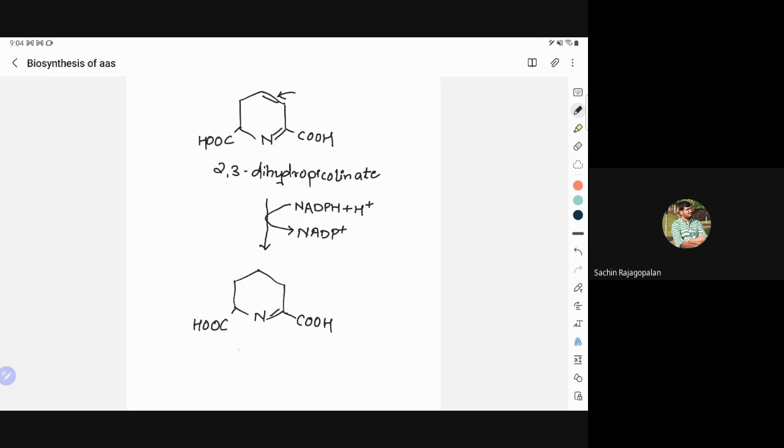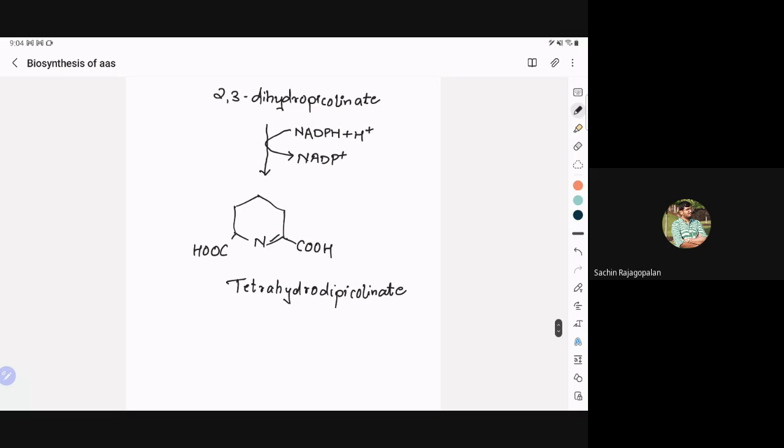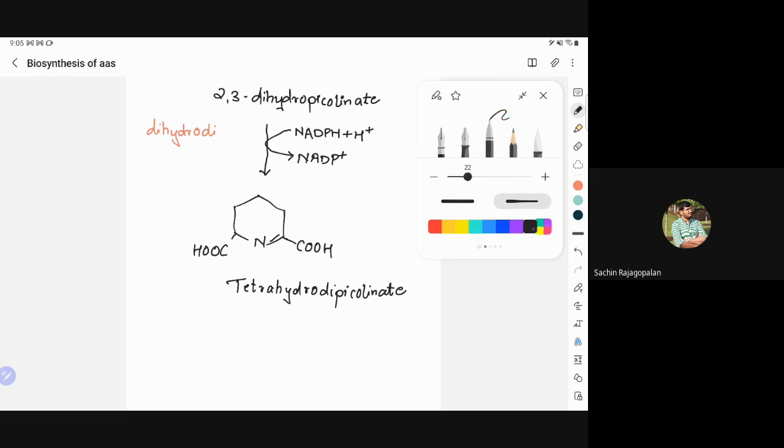This structure that you see is what you call tetrahydrodipicolinate. Now, because you have carried out reduction over here, the enzyme that is going to be involved is called dihydro... Okay, this should have been, just a minute, I need to correct this error.